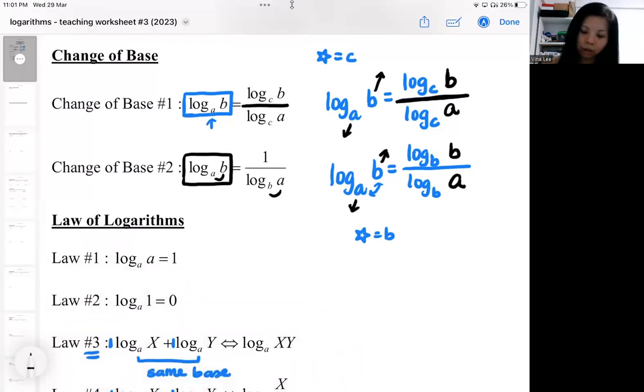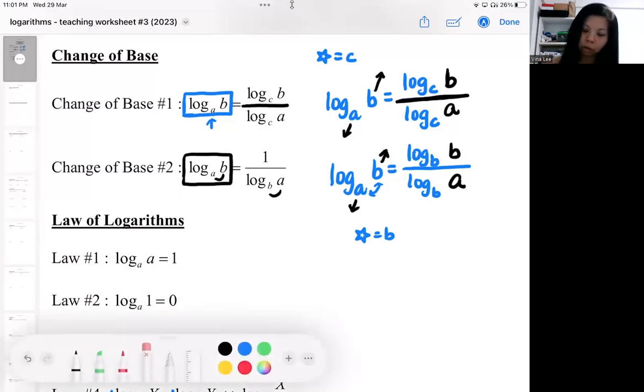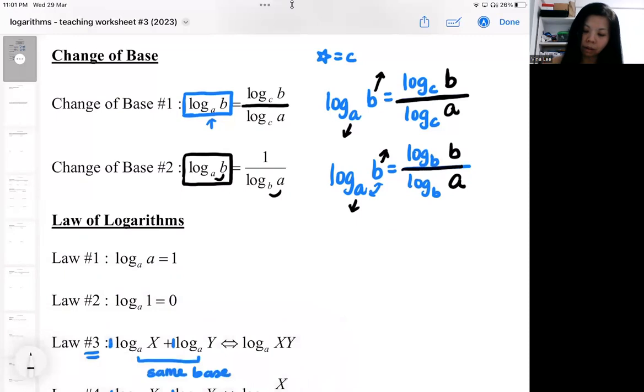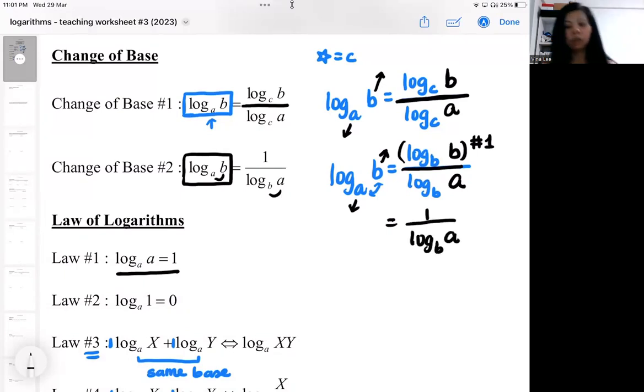Looking at the numerator, the heaven, this is exactly your rule number 1: log base B of B is 1, over log base B of A. So essentially these two formulas are the same, but to simplify things, I write it in two ways.